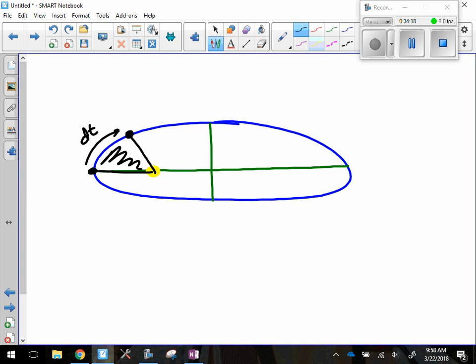But every time the planet moves through time dt or delta t, it has to sweep out the same area. So when the planet is down here really far away, when it moves through dt or delta t, this area has to be the same as this area.